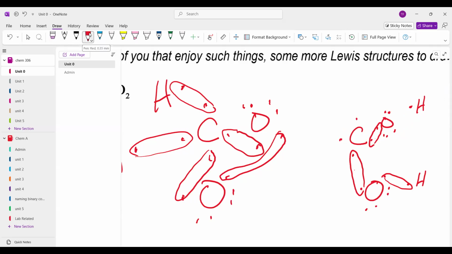Now, let's bind the 2 electrons from the oxygen to the carbon. That'll give carbon an extra bond that way. So we're going to move the singleton there. And we're going to put the hydrogen over here.